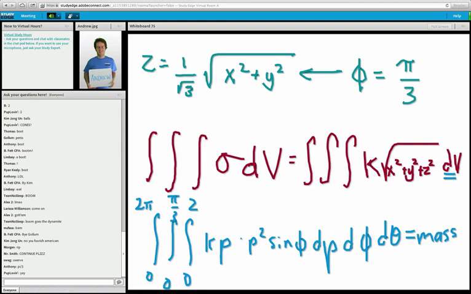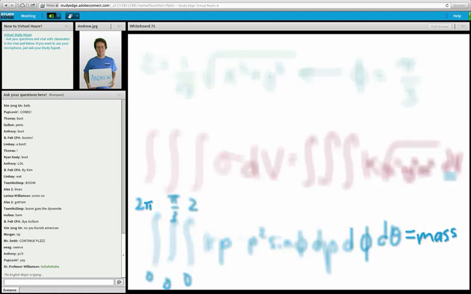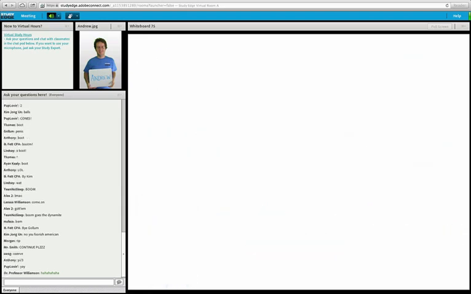Now, what might be unnerving to some of you is that you have to do this all over again, but for x, y, and z components. But I can at least save you some time. Let's draw the region really quickly.